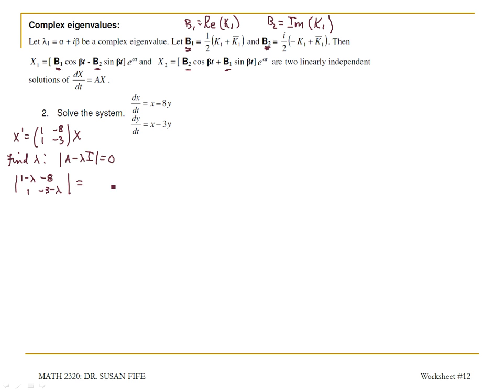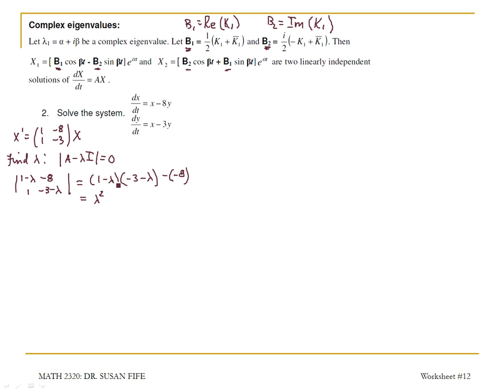If I take this determinant, I get 1 minus lambda times -3 minus lambda minus -8. And if I expand this, I'm going to get lambda squared.